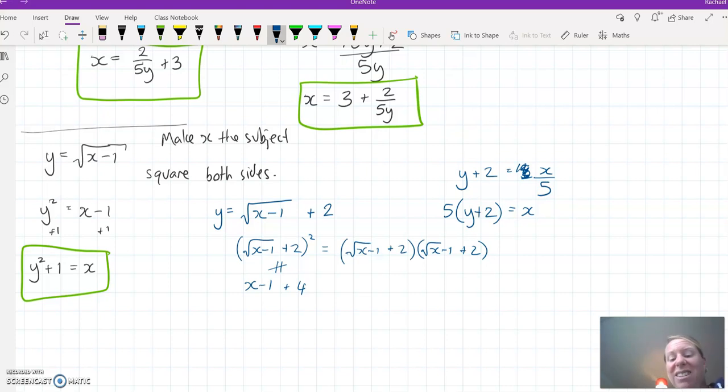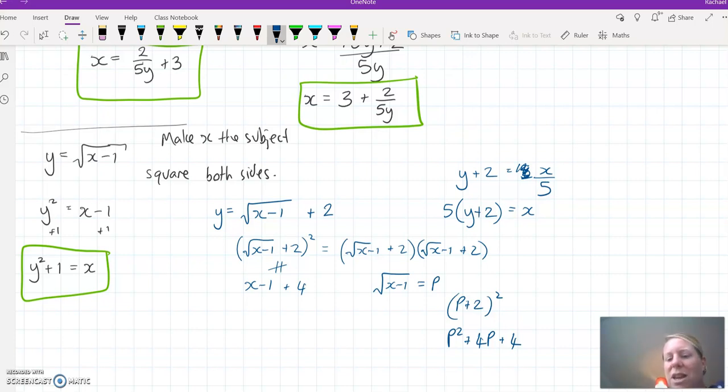But in saying that, it's kind of like if I turned that square root of x minus 1 into something like p. We know that if I square an expression like p plus 2, I'm going to end up with p squared plus 4p plus 4, because we're doubling in the middle and timesing at the end.